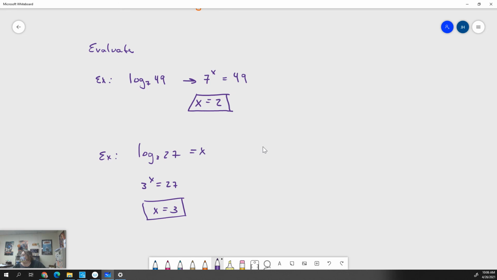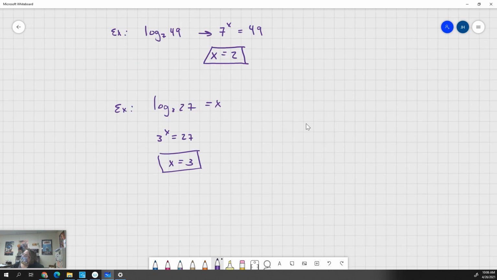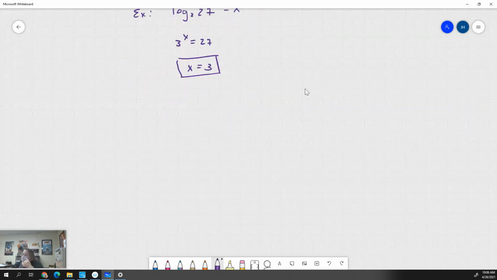But there are going to be situations where you're not going to be able to intuitively know how to do that. And so you need to be able to write these in a base 10 form. And to do that, we need what we call the change of base formula. The change of base formula is another thing that is super simple once you know how to do it. Change of base formula puts everything in base 10 for us.